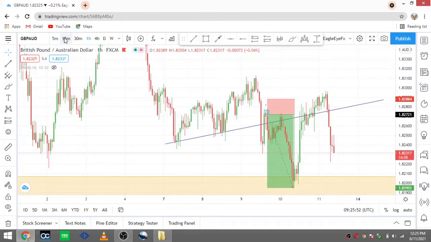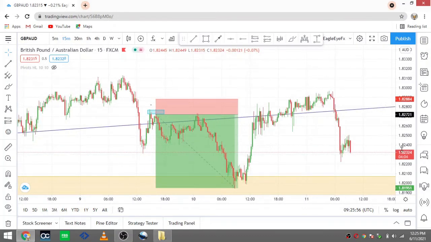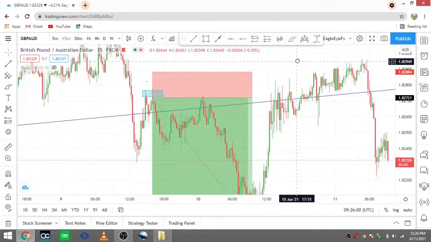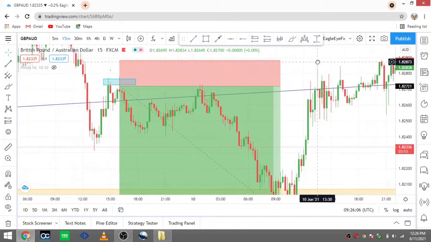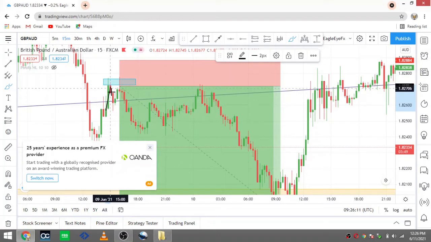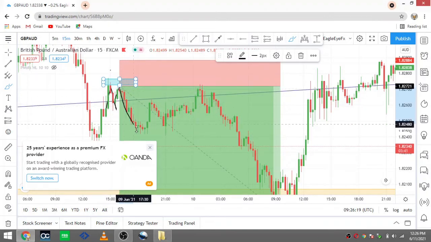I went to the 15 minutes time frame to look for my confirmation, because I did not just want to enter the market without any confirmation. I saw that the market came down again and went back as if it was a retest. It formed something, so I was expecting another push down.